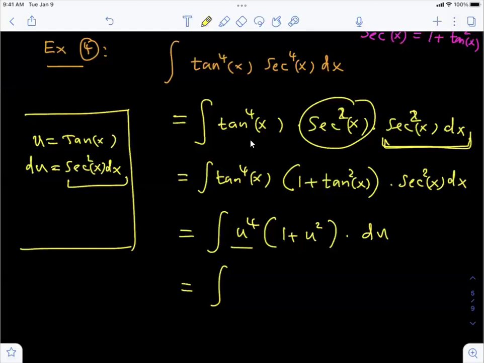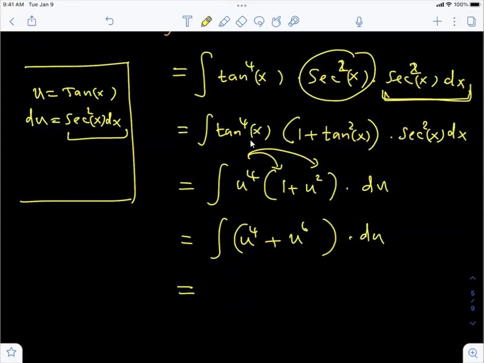You cannot take the integrals of both pieces and then just combine them. There is no product rule for integration. At least there is no product rule for differentiation that works right away as the product of each derivative. So there is no expectation for that in this scenario. What we are going to do is distribute this, and then it becomes a polynomial. u to the 4 plus u to the 4 times u to the 2, so it's u to the 6, times du.